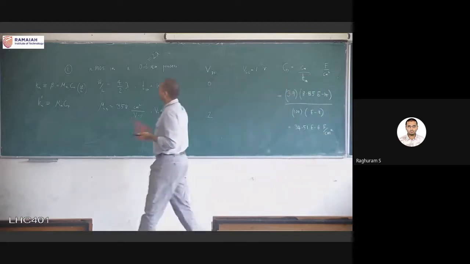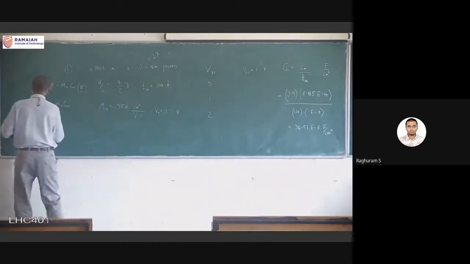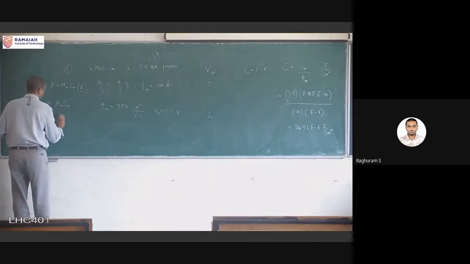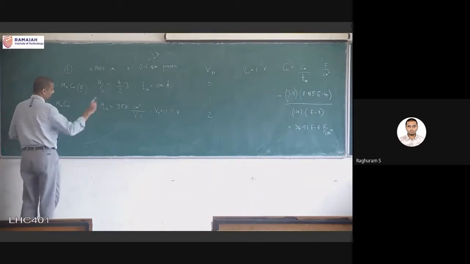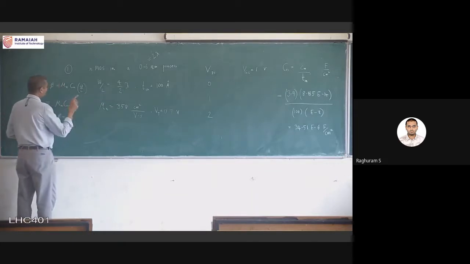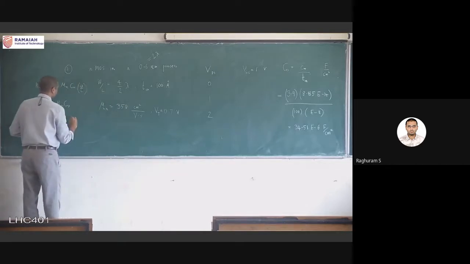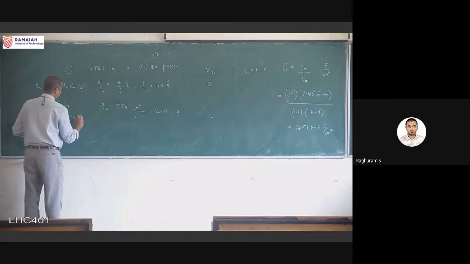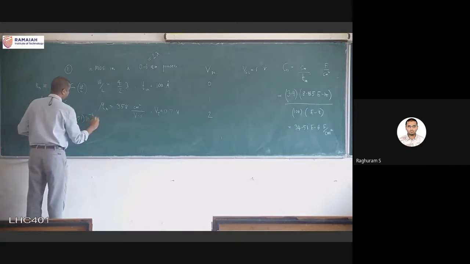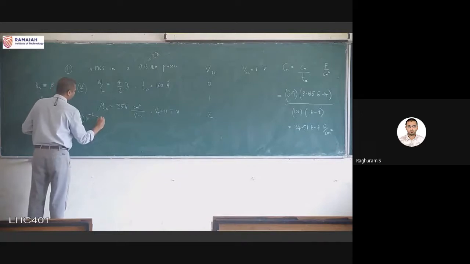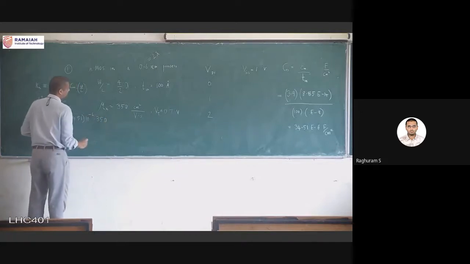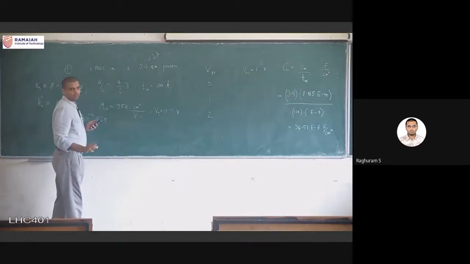So therefore, for this whole transistor, beta equals 34.5 into 10 power minus 6 into 350. 350 is in centimeters square, so we don't have to do anything there.